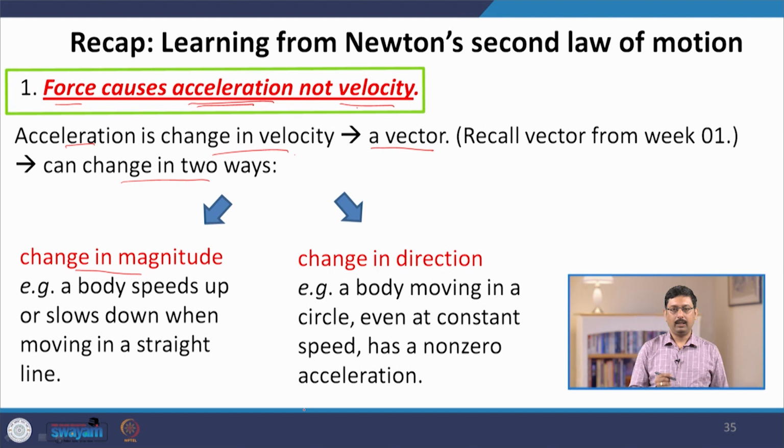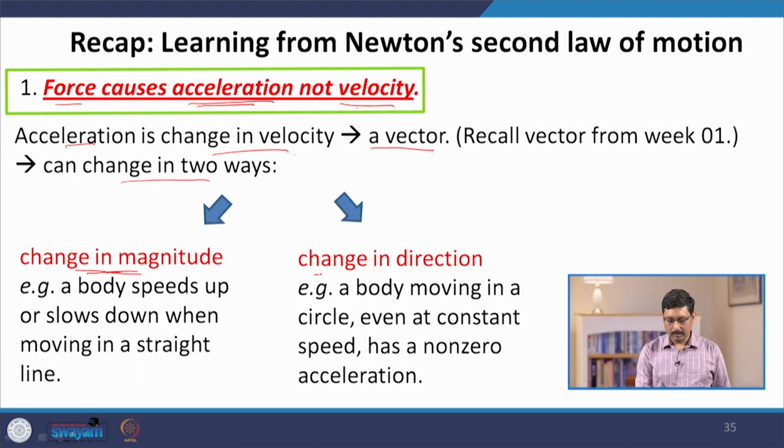For example, a body moving in a straight line that speeds up or slows down. If you drop something from the air, it follows a straight line, but its speed increases as it goes downwards. Similarly, if you throw something vertically upwards, its speed will decrease during its climb without changing direction. This is a common situation which is easy to understand, where the acceleration is due to the change in the magnitude of velocity.